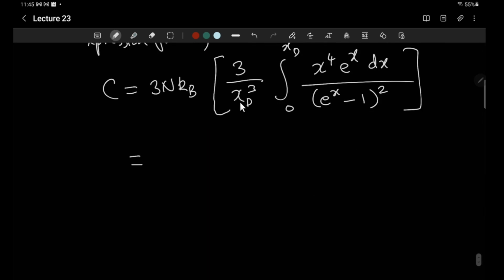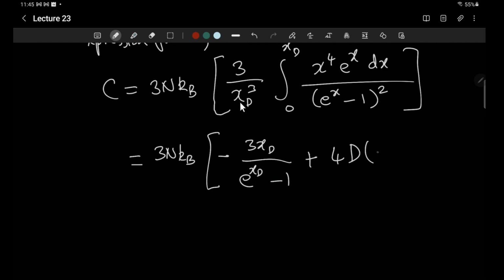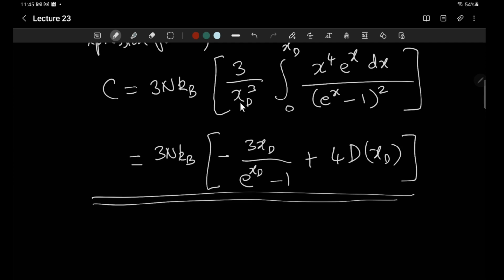But by integrating by parts, there's a nice, cute result that you get. D of x_D is the same Debye function that we defined, so both are equivalent. You can do both things. So this is what we get. So we are more or less done. In problem set 7, I asked you to do some plotting, and I want to look at that plot. But I'll pause here before I do that, and take questions.